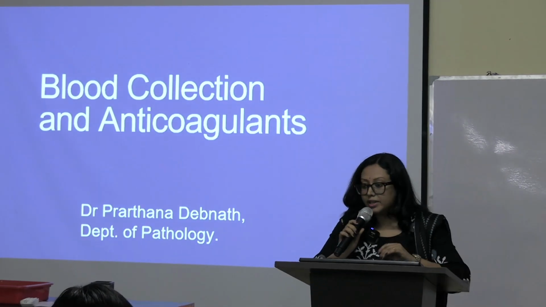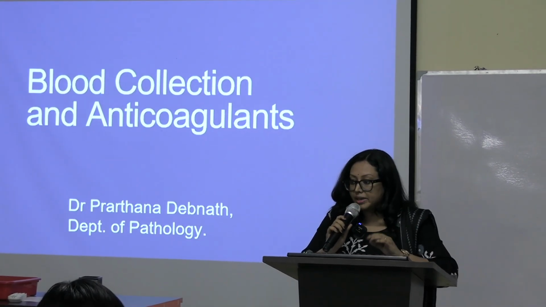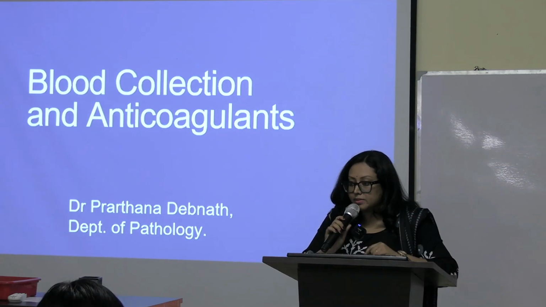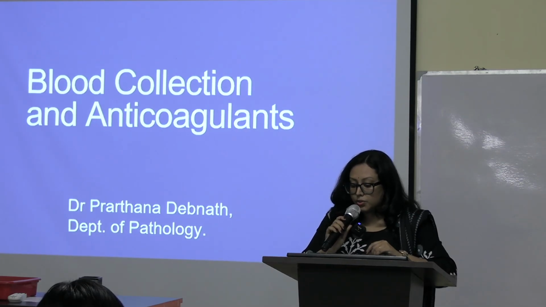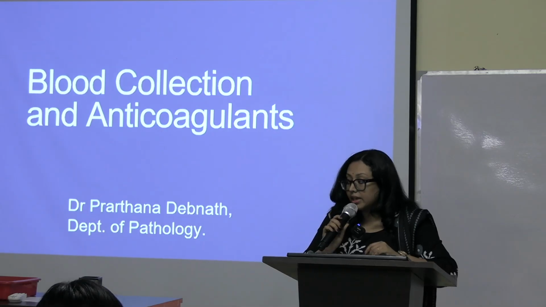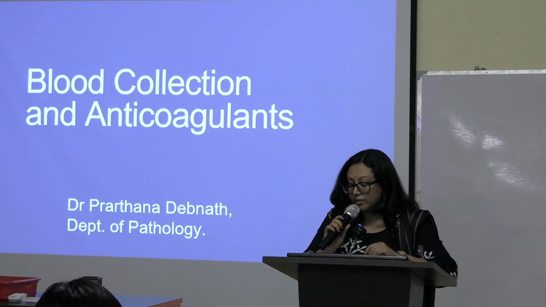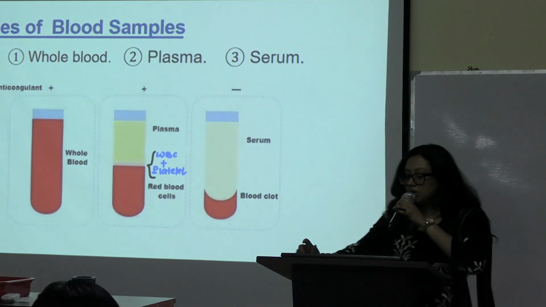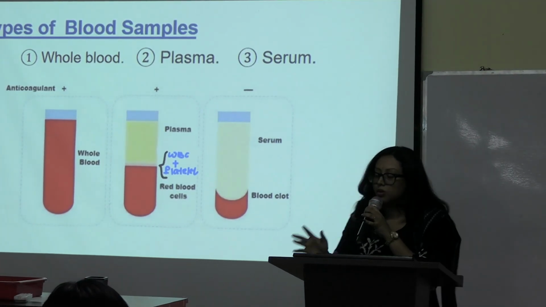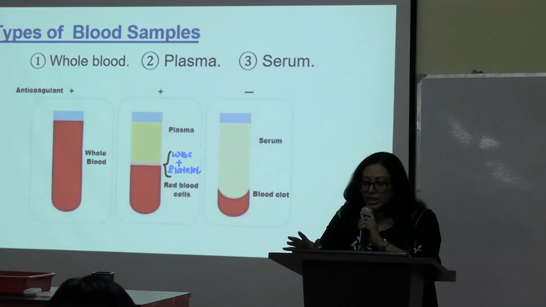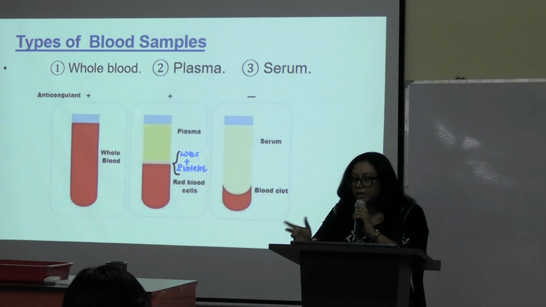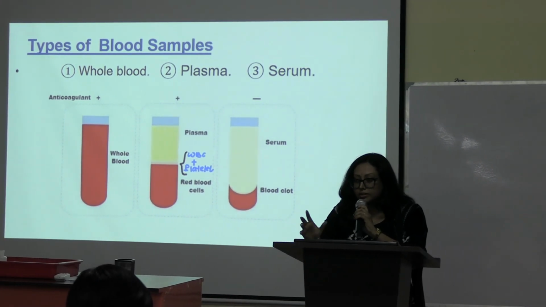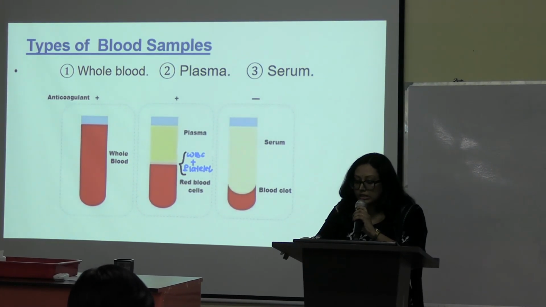Now, this is a very important topic for your practical purposes and also for competitive exams like NEET, PG and NSA. So, you have to master each and every slide, okay? Now, why do we collect blood? We collect blood mainly for diagnostic purposes, therapeutic purposes, and also for research purposes, blood transfusion.